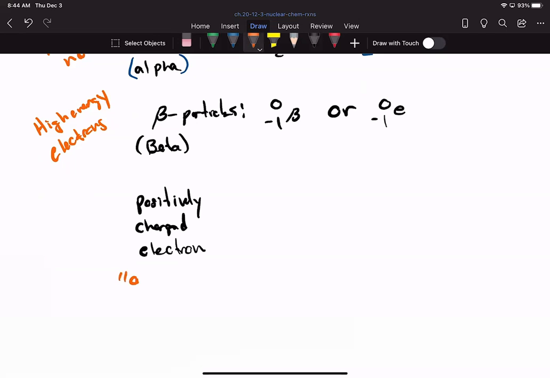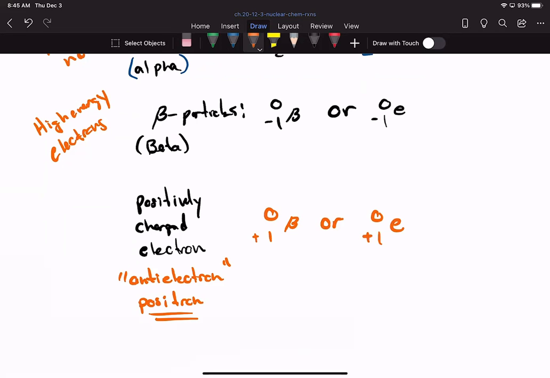This is also known as the anti-electron. We can also call it, instead of an electron, a positron. And this also has a symbol, something similar, but instead of -1, we put +1 and the beta symbol. Or we can say this, +1.